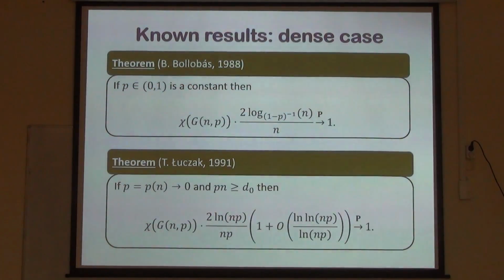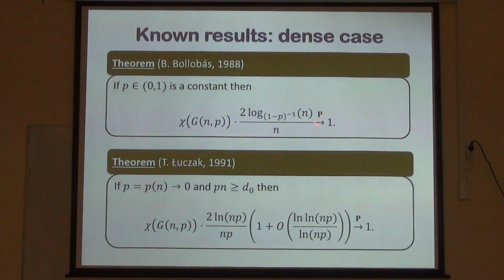Okay, what is known? First we consider the dense case, when p is not a very small function of n; in fact, np tends to infinity. If p is a constant, then there is a celebrated result of Professor Bollobás, which states that the chromatic number is asymptotically n over 2 log n times (1 minus e to the power minus 1).